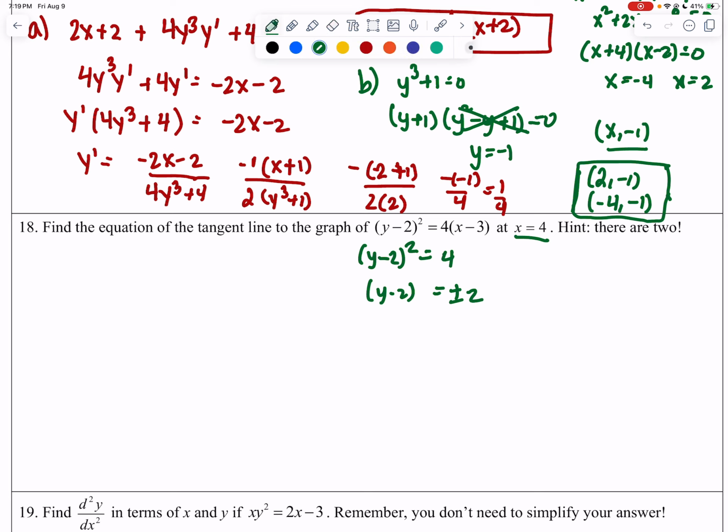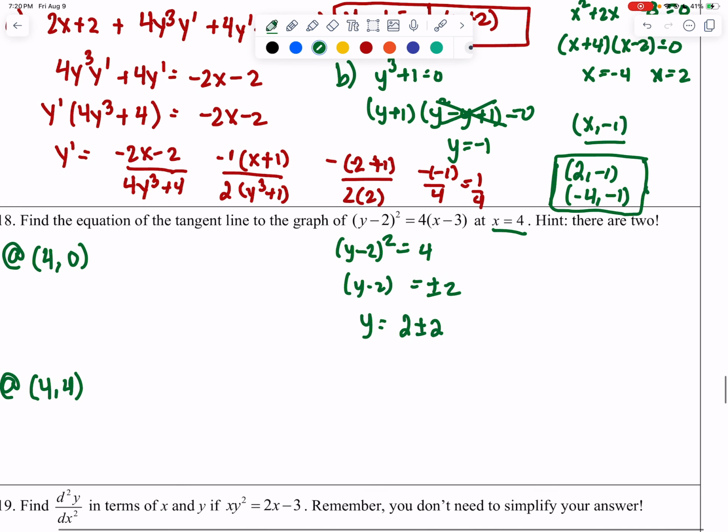Oops, take the square root, y minus 2 is plus or minus 1. So y is equal to 2 plus or minus 1, which means that y can either be 3 or y can either be 1. So I have a point at (4, 1), and then we have another one at (4, 3).